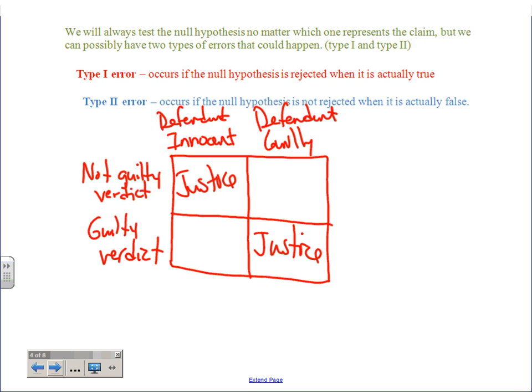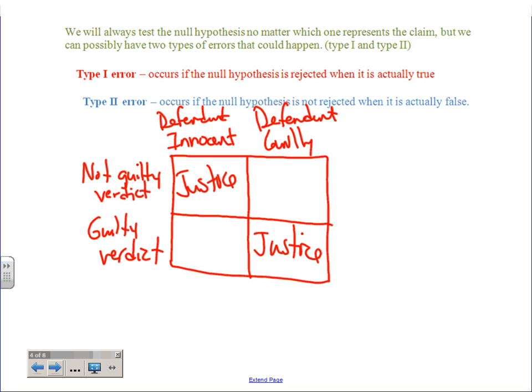The other, well, or unlucky, depending on where you're at. So if you're not guilty, but you're found guilty, ooh, that's not good, right? Or if you are guilty and found innocent, well, you're probably happy about that, I guess, but it's still an error. Do you agree with that? So in this first one down here, the guilty verdict meant that the null hypothesis was rejected, correct?